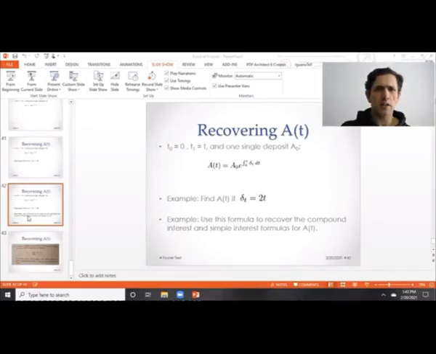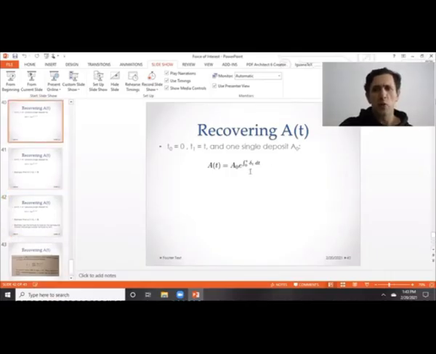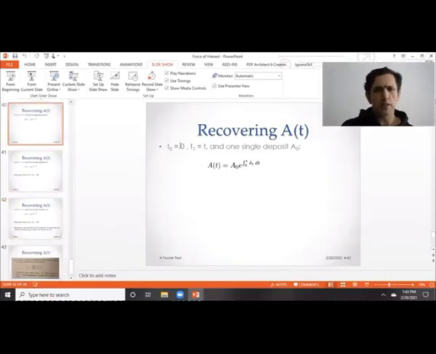All right, so as a sanity check here, let's use our formula to recover the compound interest and simple interest formulas that we had many videos ago for A of t, where we're looking at exactly this situation, where we start off at t0, and then we just have one single deposit at time 0.